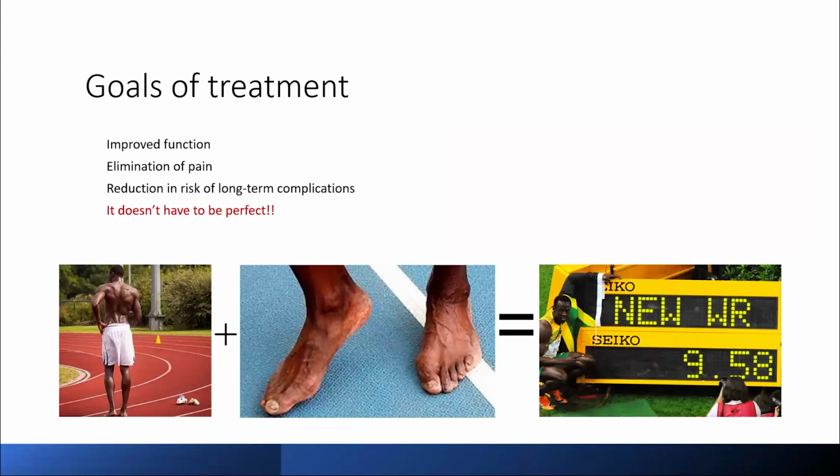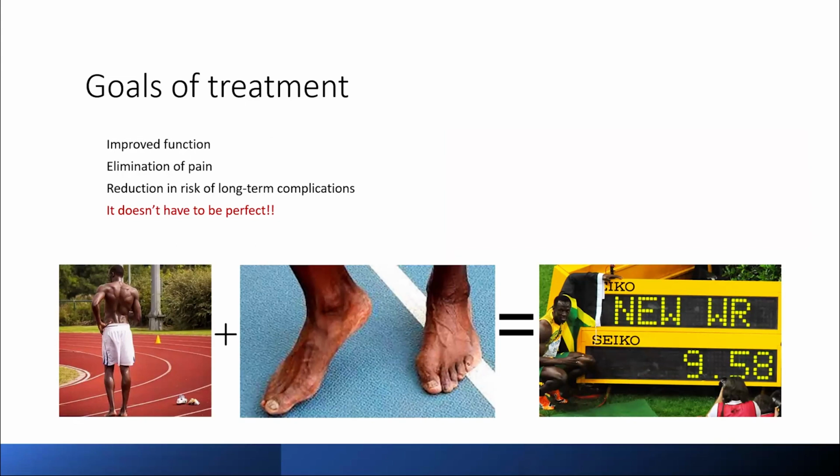So what is achievable? Essentially, the principles guiding treatment are really not different from the goals of treatment in general. You'd still aim for improved function of the patient and the limb. You still aim to eliminate pain and reduce the risk of developing long-term complications.